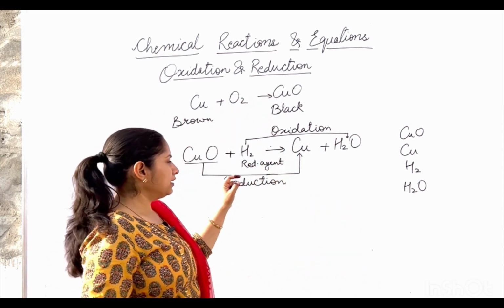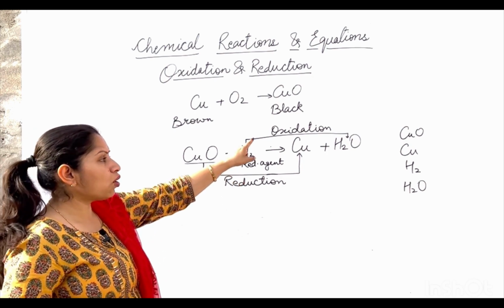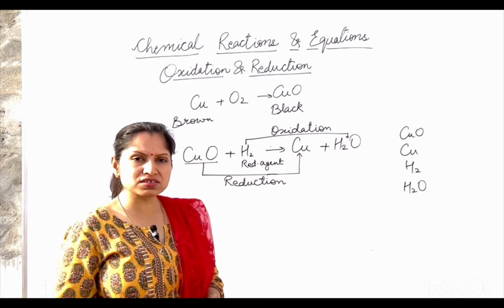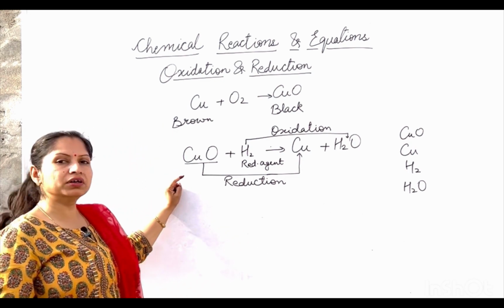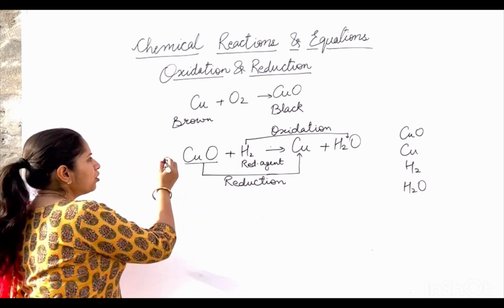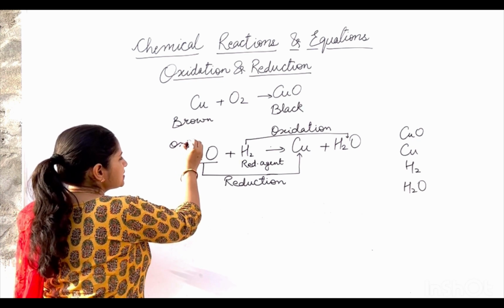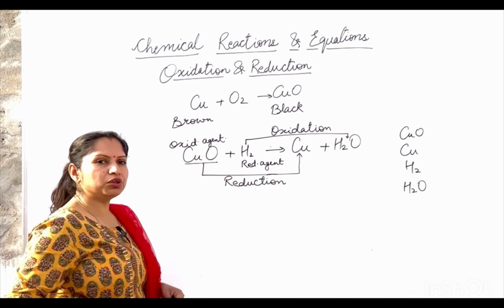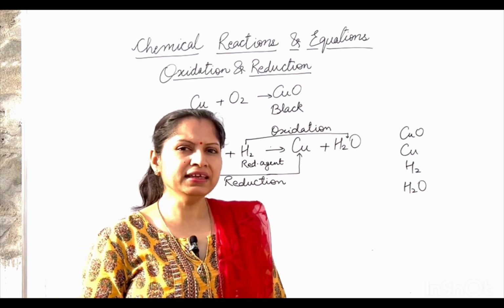Similarly, when I'm saying that hydrogen is undergoing oxidation, what is helping hydrogen to undergo oxidation? That is copper oxide. So, copper oxide will be known as the oxidizing agent.